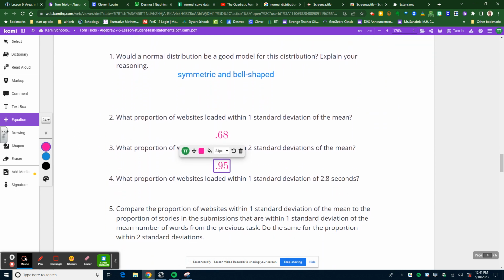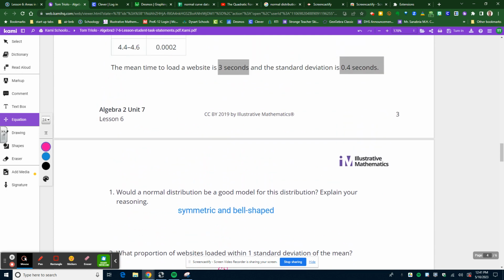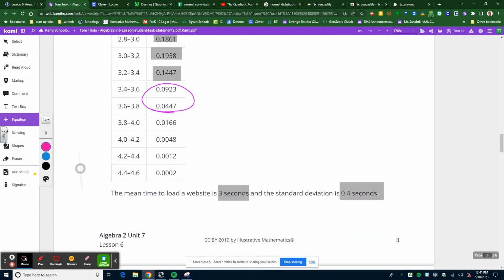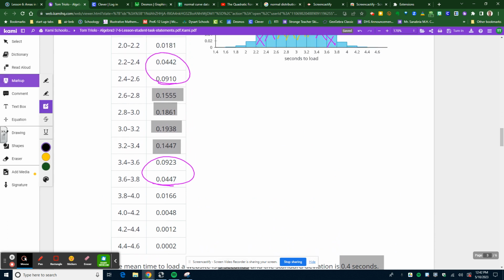Okay. It says what proportion loads within 1 standard deviation of 1 or 2.8 seconds. So I'm going to take my markup tool. So 2.8 seconds. Did we say 1 or 2? What did they say? 1. Okay. So I'm going to go to my yellow markup tool. So here's 2.8. So it's these 2, and then these 2.